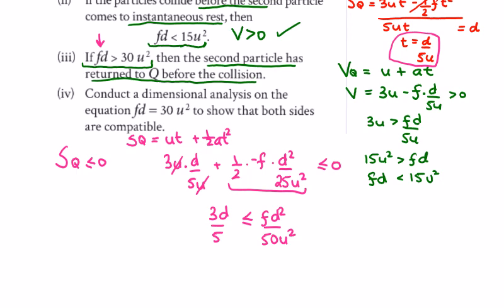Dividing across by d, the squared part will cancel, and if we multiply by 50, we'll get a 50 here and a 50 here.